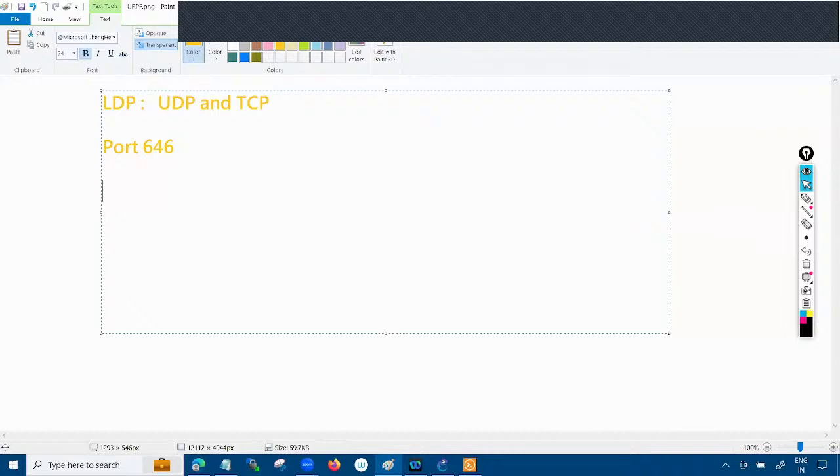So port number 646. To discover the neighbor, we use UDP, of course. And to establish the neighbor, we use TCP.